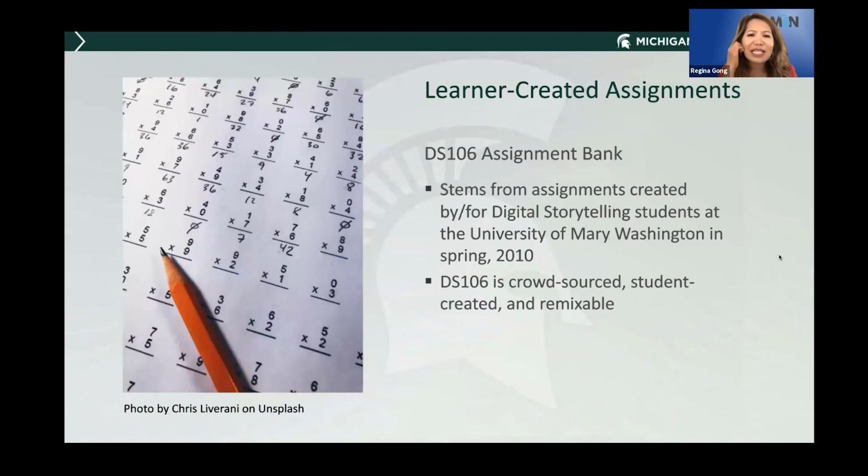The next one, please. This one too is an activity that we did from the DS-106 assignment bank. DS-106 has become sort of a legend already in the field of student-created OER, because this started, as you can see, from University of Mary Washington in 2010, started by digital storytelling students.